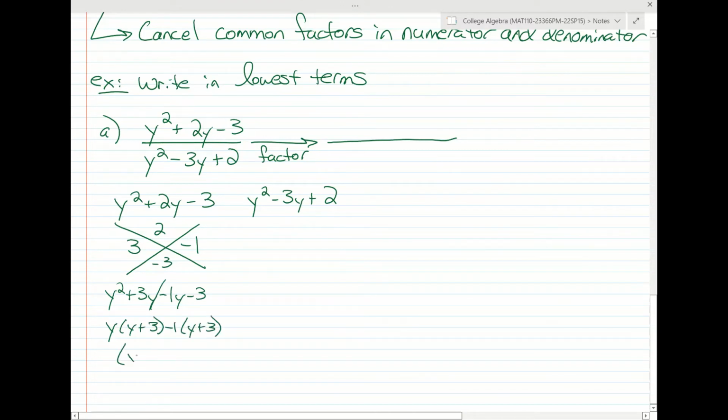That gives us y plus 3 times y minus 1. That's going to be the top.